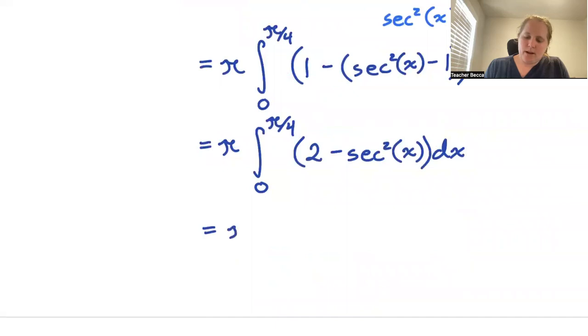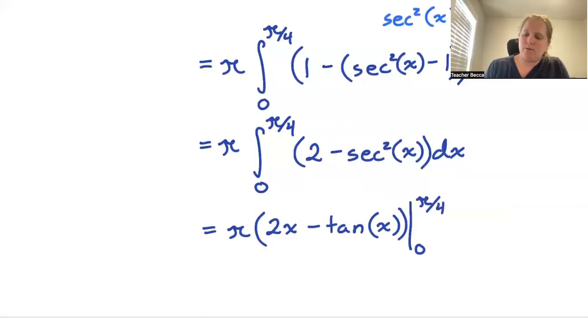So this becomes pi times, in parentheses, 2x minus tangent of x, evaluated at 0 and pi over 4.